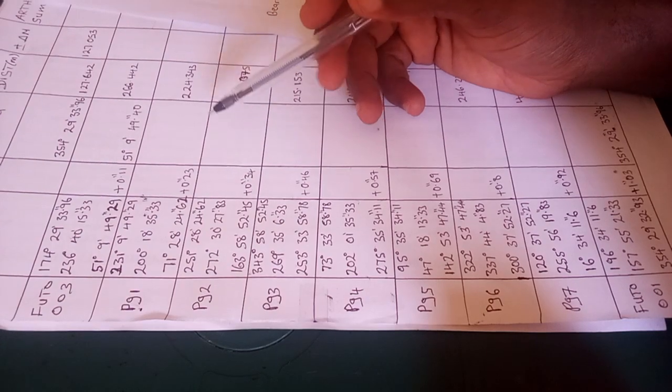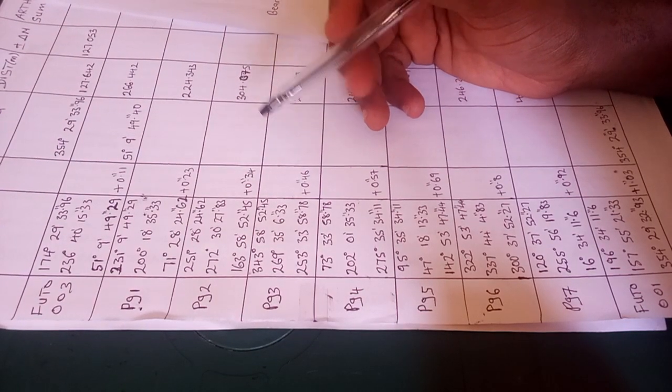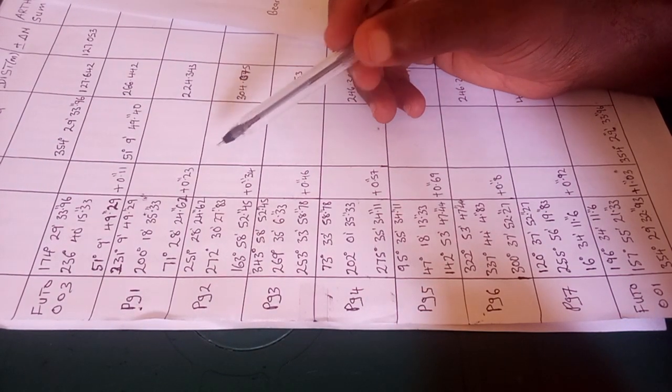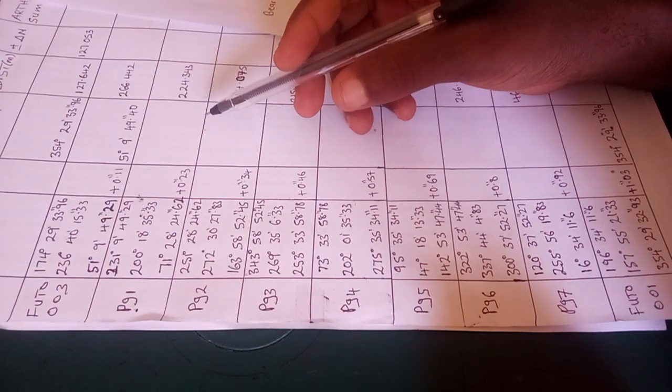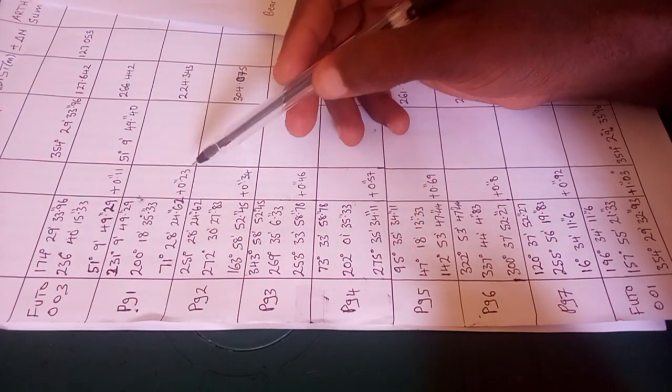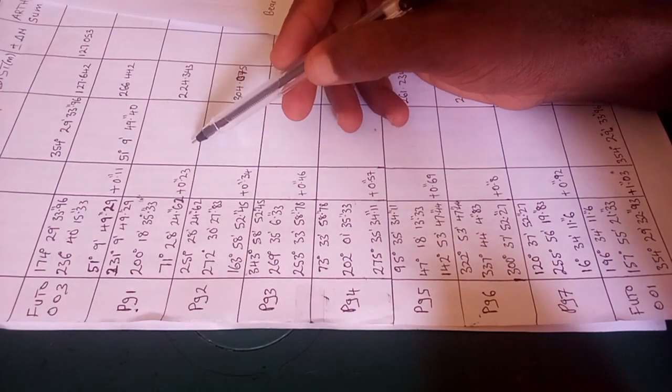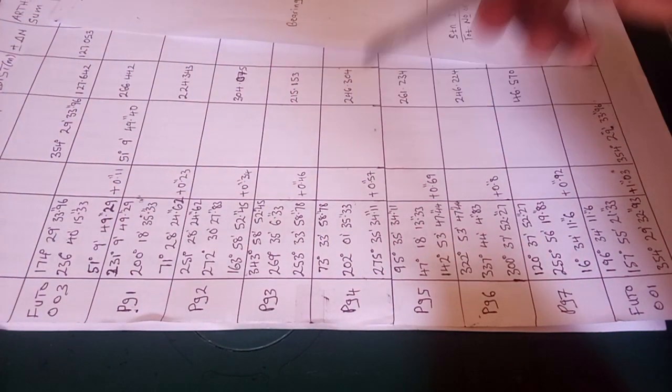But in the course of this video, I will not be approximating, so as not to cause confusion. So we are just going to be using it that way. That is how we are going to add this error to the forward bearing to have the final bearing.